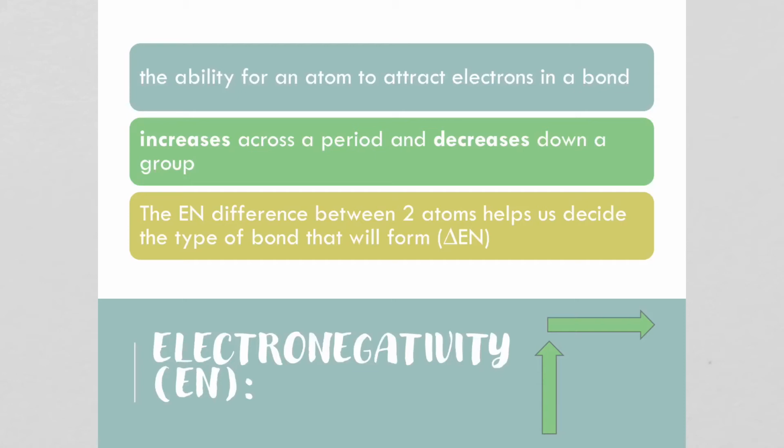The electronegativity difference, so we can look up on the periodic table the values of electronegativity. The difference between two atoms will help us decide the type of bond that will form. That's the delta EN. We'll spend some time in a later lesson finding out what type of bond will form, but the general rule is if the delta EN is from 0 to 1.7, then it's a covalent bond.